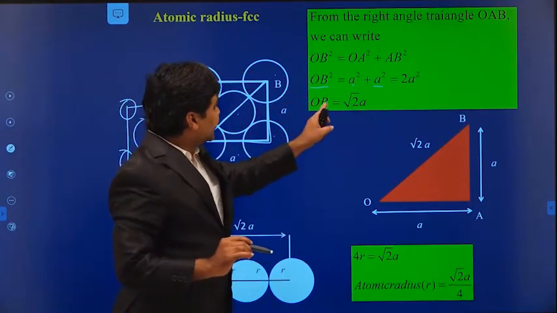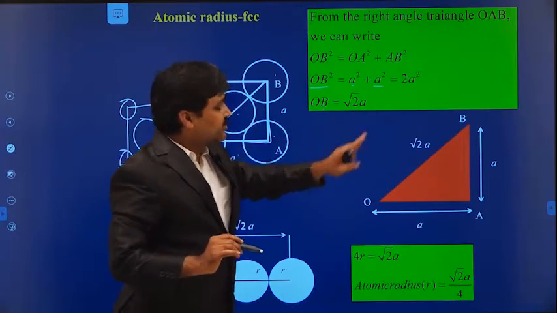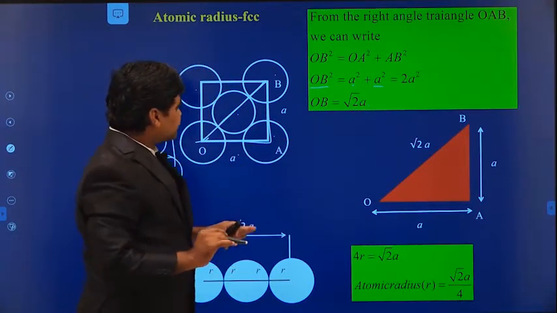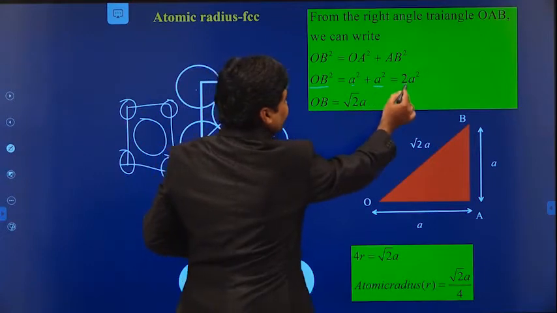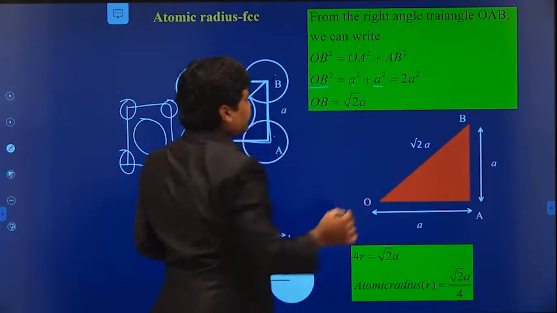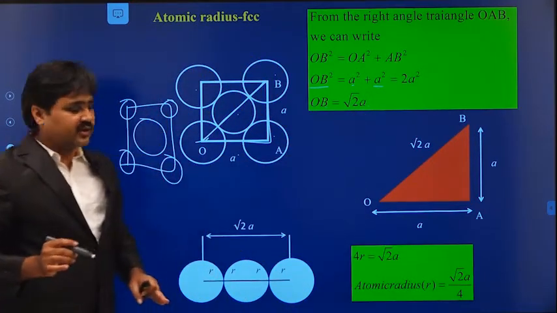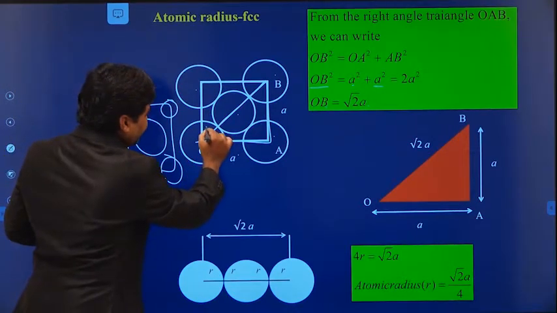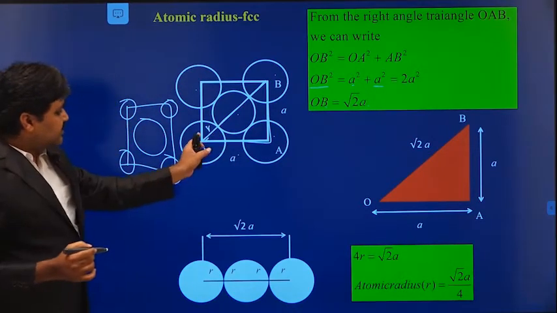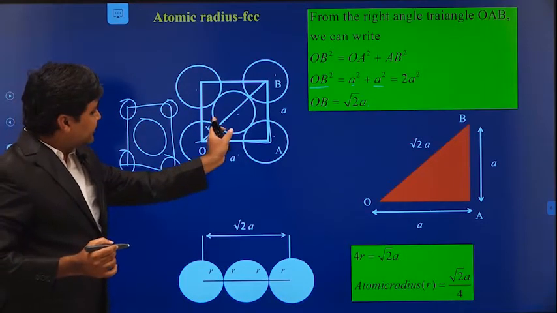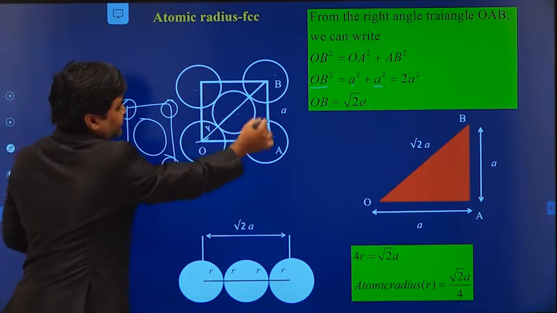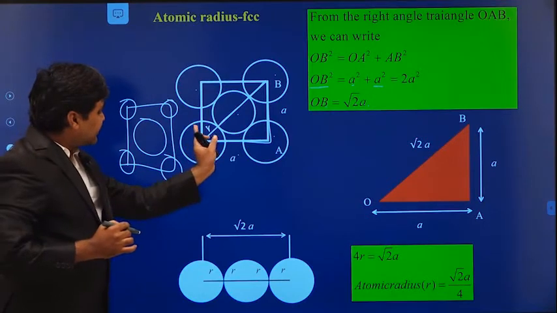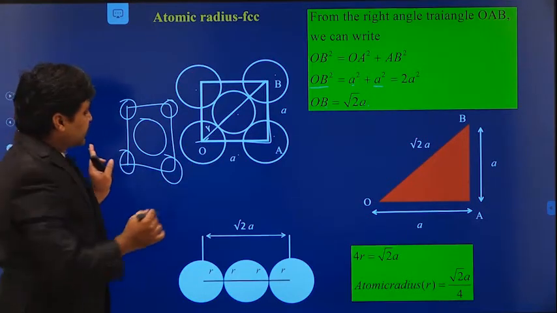So this is the right angle triangle. If you calculate OB, then it is equal to square root of 2a, because a square plus a square equals 2a square, and if you take the root, OB becomes square root of 2 a. Here you can see only half of the atom is inside, because this is the corner atom. Only half of the atom is inside the unit cell; the other half belongs to another unit cell. This is 1R.